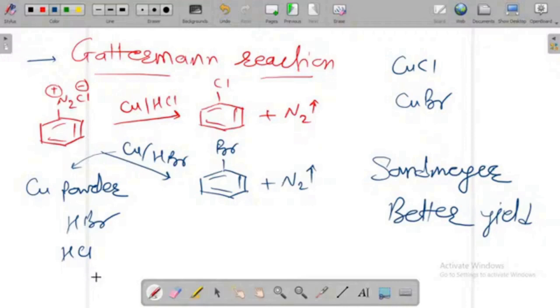Same reactants and same product are formed, but the reagents and conditions are different.